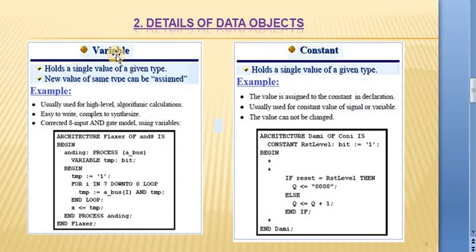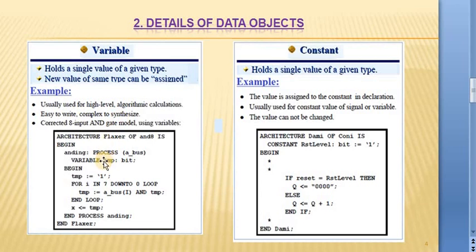The definition says that a variable holds a single value of a given type. Also, it is used to store local temporary data where new values of the same type are assigned to the object. As you see in the example, the variable assignment is easy to write, but it can be complex to synthesize otherwise.